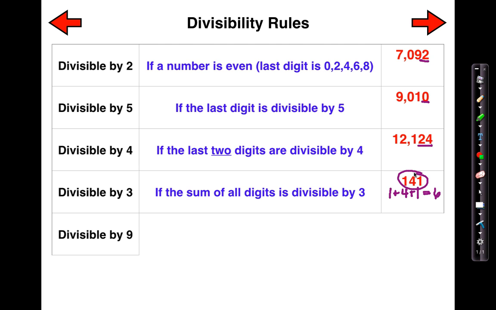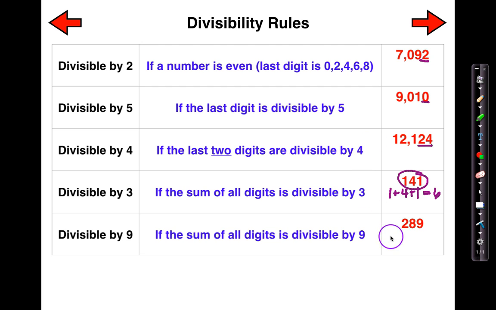Divisible by 9 is the same thing as divisible by 3, except you're checking to see if it's divisible by 9. So here, if I add 2 plus 8 plus 9, that's going to give me 19. So unfortunately, this one's not divisible by 9. But real quick, what could I do to fix that?